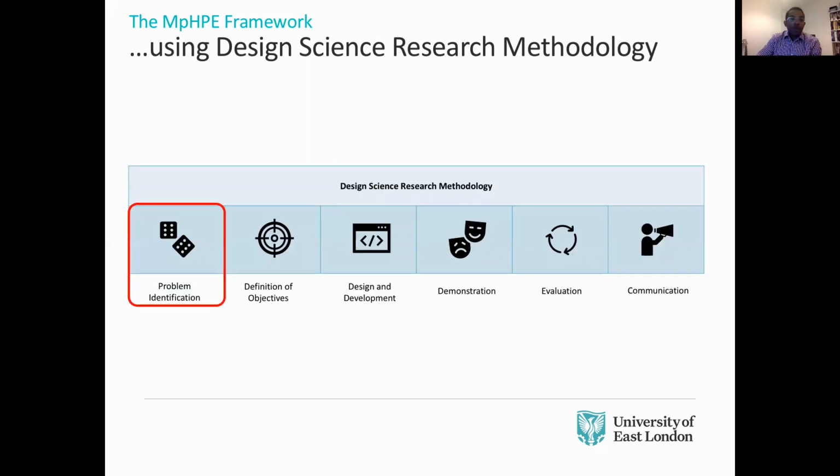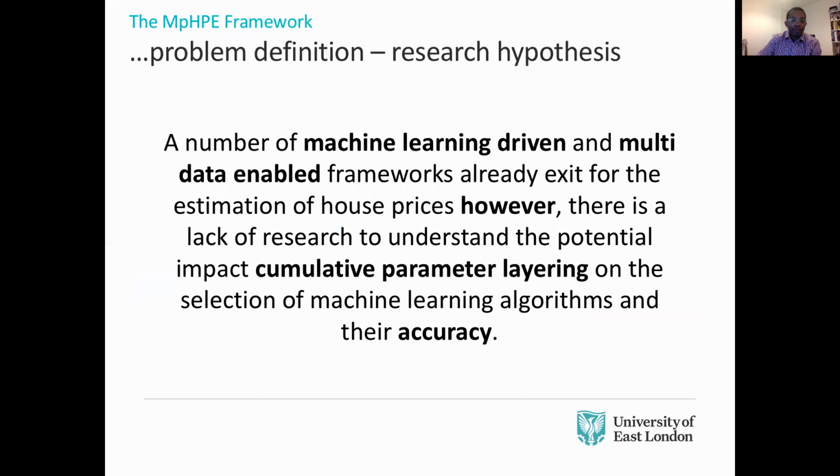And over the next few minutes, I will simply be going through the 6 different stages from problem identification to definition of objectives, design and development, demonstration, evaluation, and how this work is being communicated. Problem definition.